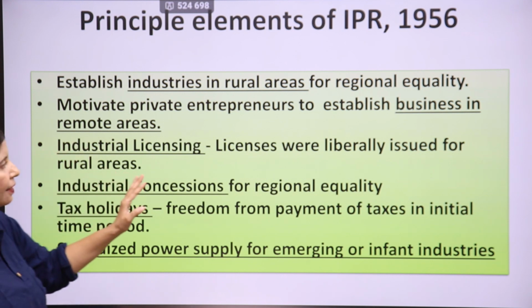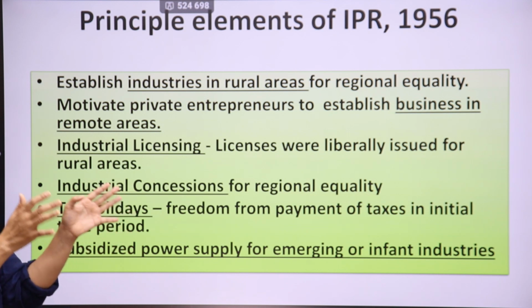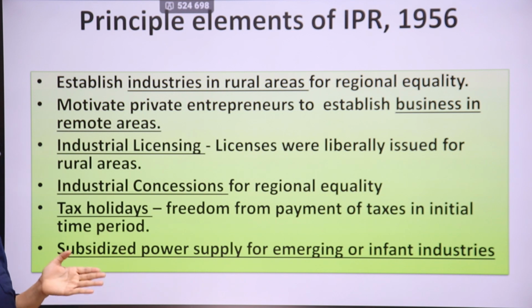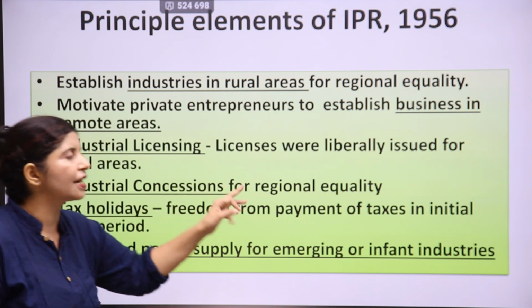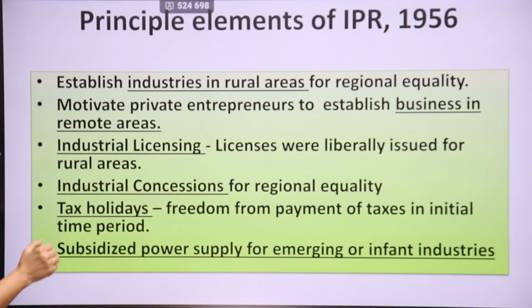Then industrial licensing. Licenses were liberally issued for rural areas. Those who wanted to establish industries in rural areas were quickly given licenses so that the government could help those people establish industries and attain development of those remote areas. Then industrial concessions for regional equality. These too were given to people who wanted to establish industries in rural areas.